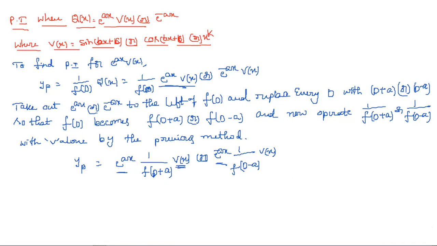Okay. So let us see the problems on this. First one, solve y double dash plus 2y is equal to e power x cos 2x plus x square e power 3x.